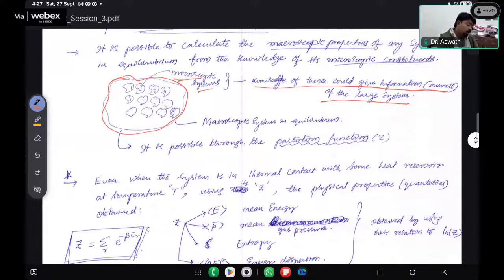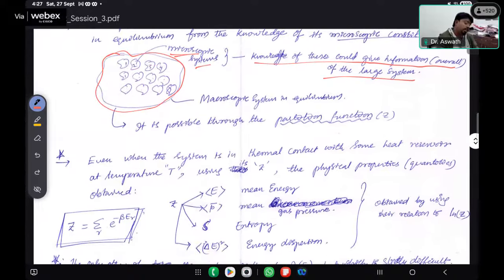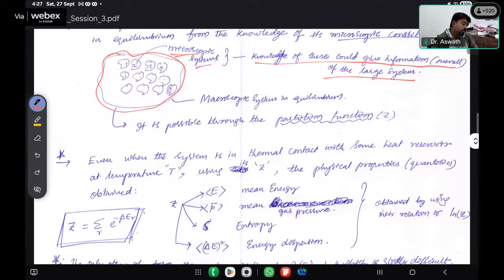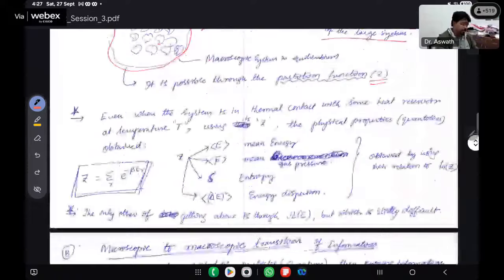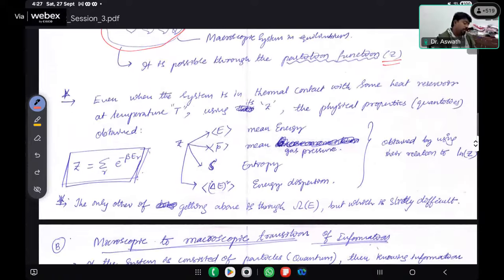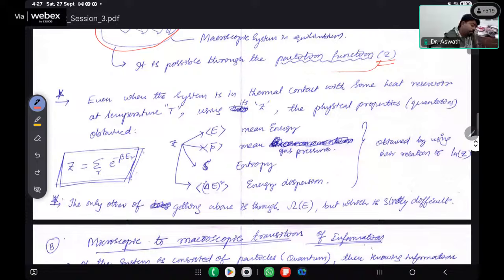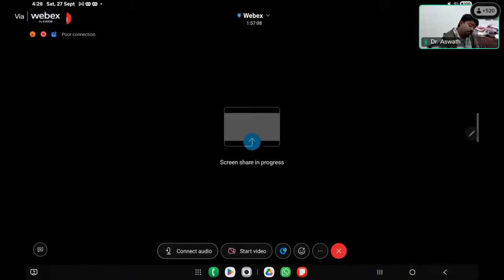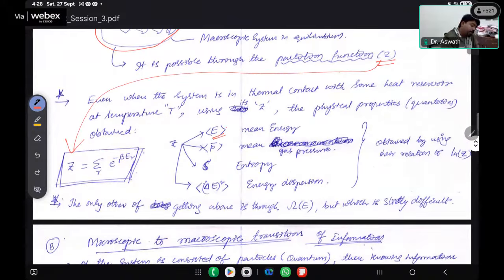Okay. Now, using a partition function, which is Z, it is possible. So partition theorem, like any partition theorem, says that using Z, I can find the mean energy, mean gas pressure, mean entropy of the system, and mean energy dispersion of the system.